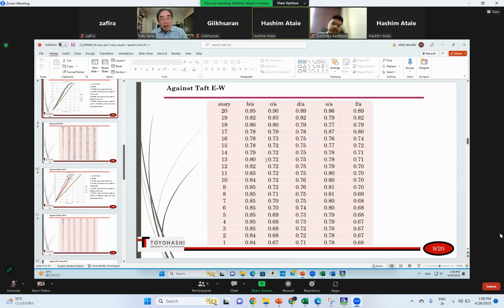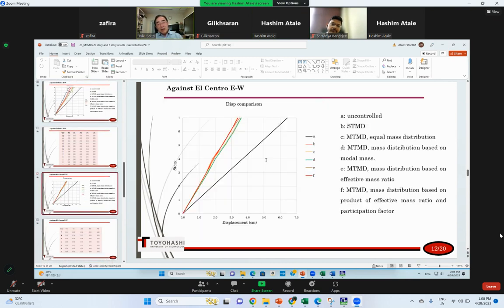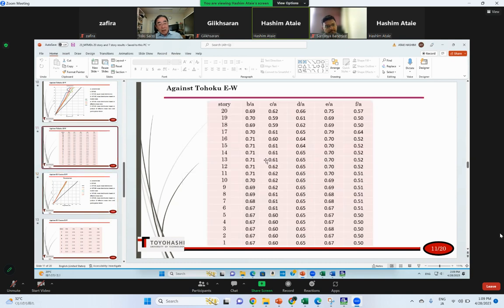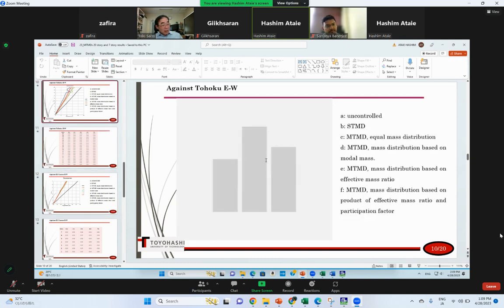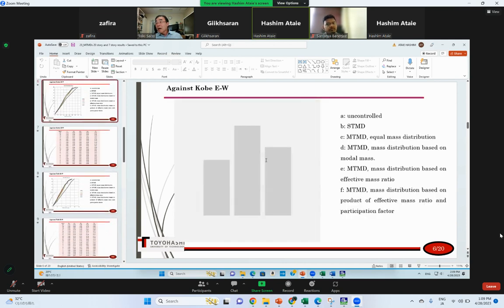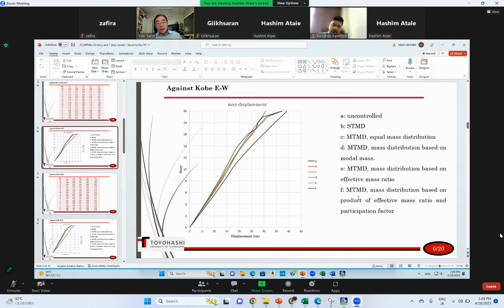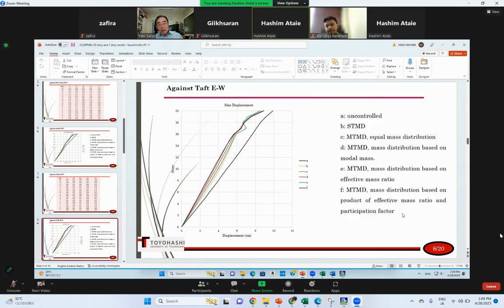The seventh story also got the same, and the fourth story also half. So overall, we can say that the distribution of the TMD mass based on the product of the participation factor will be effective.